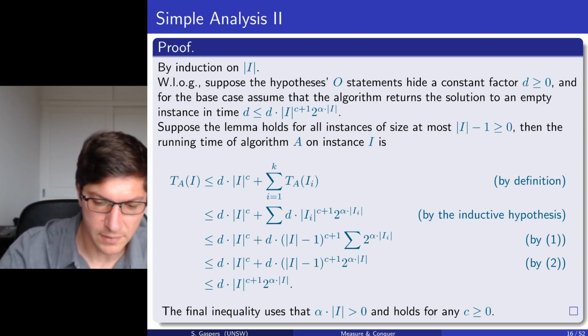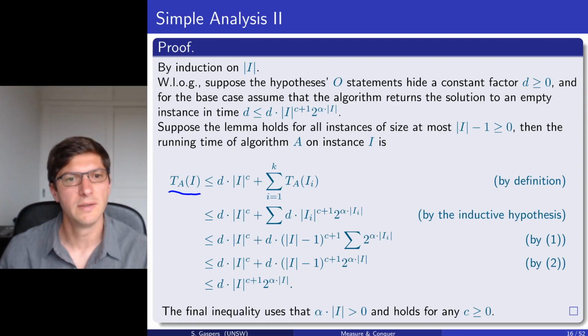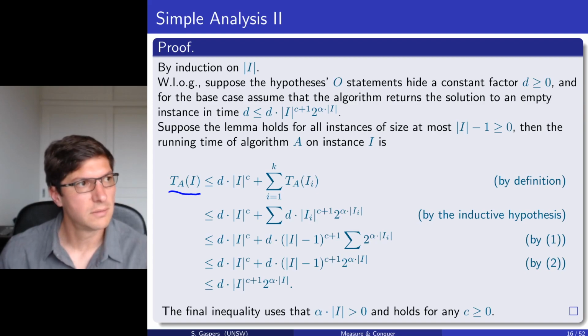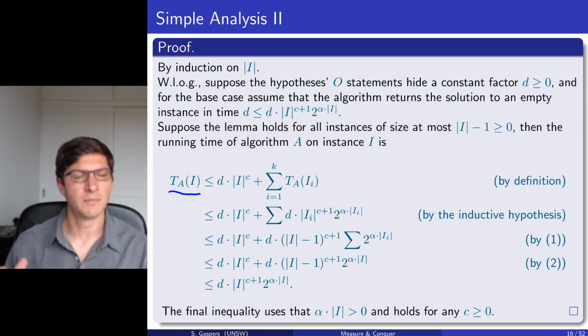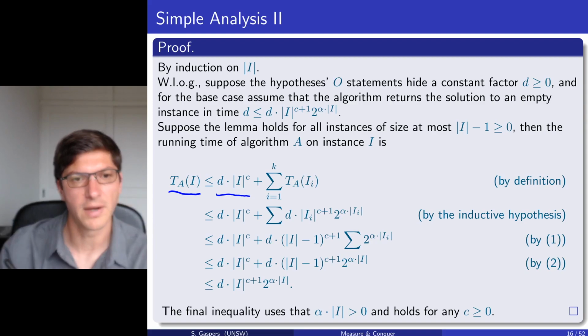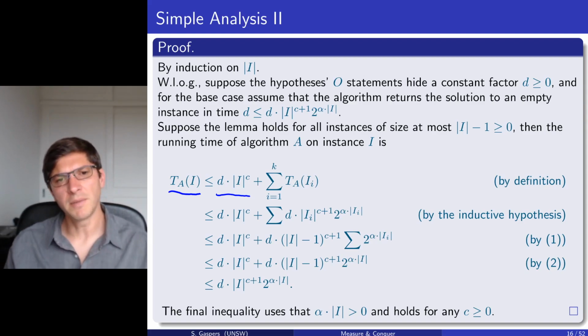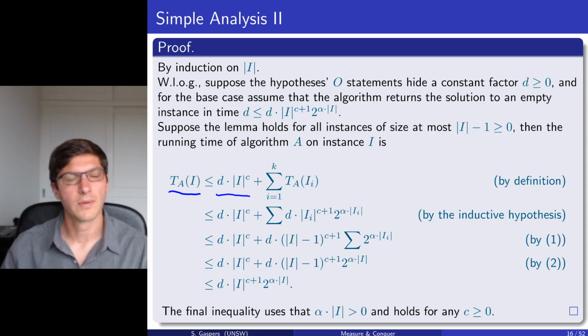So let us denote the running time of the algorithm on the instance I by t sub A of I. So now what the algorithm does, it does some polynomial amount of work at this current node of the search tree, and so that's at most d times the size of I to the power c. And then it makes its recursive calls.